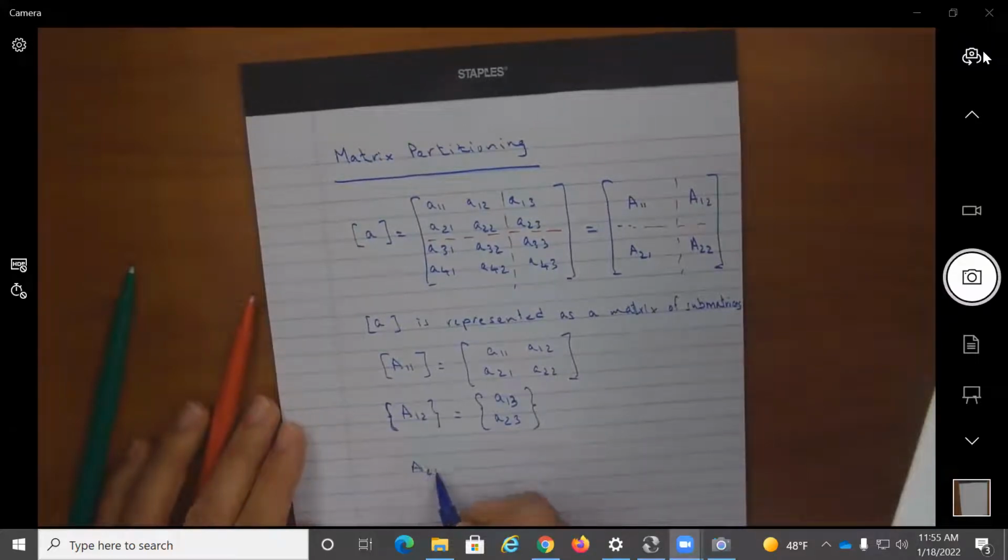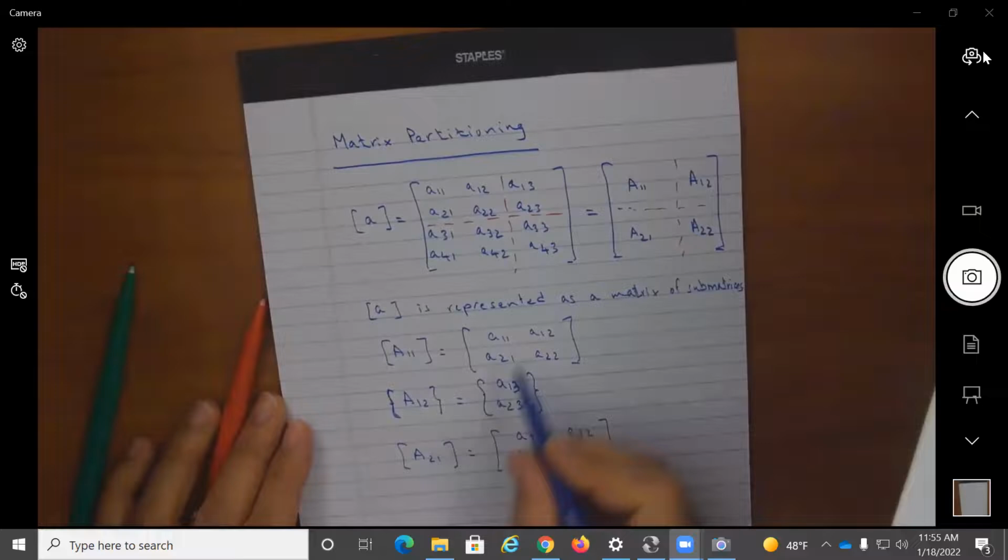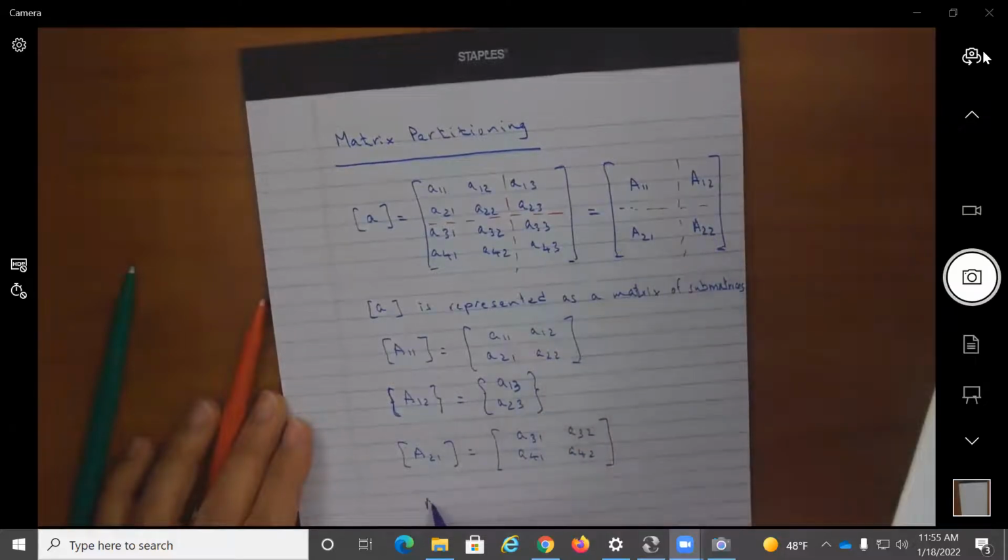A21 is a square matrix again: A31, A32, A41, and A42. And A22 is another column matrix that has A33 and A43.